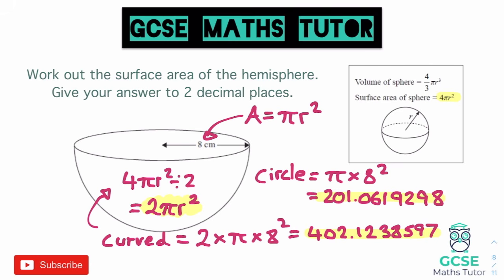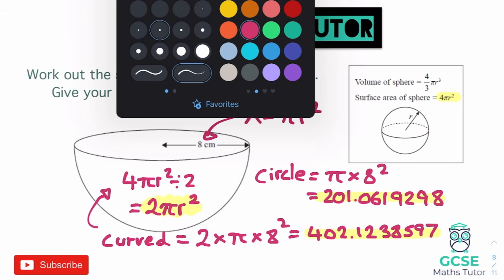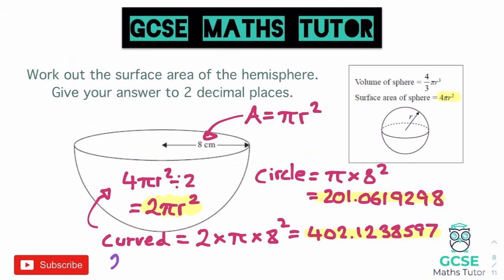Now obviously we are looking at the overall surface area. So we want to take both of those pieces, the 201 and the 402, and add them both together. And if we add them both together, we're going to get to a final answer. So if we write that working out down, let's just write this down just below, we've got the 201.06 with a few more decimals, and we're going to add that onto the 402 number, which is 0.12 with a few more decimals, and let's see what we get when we add them together.